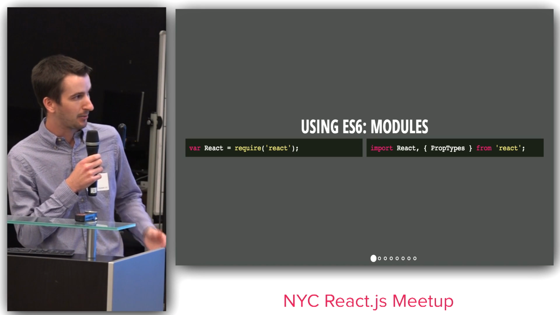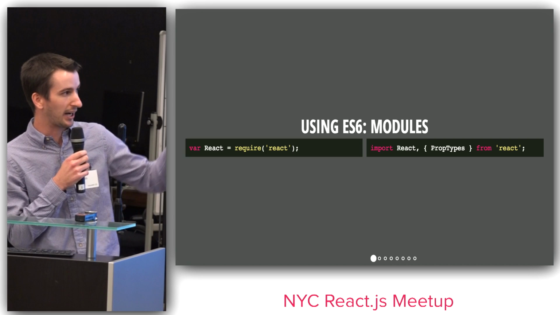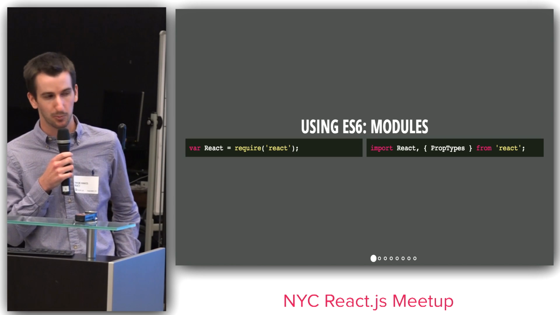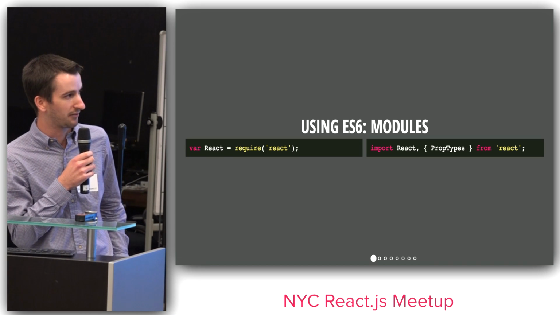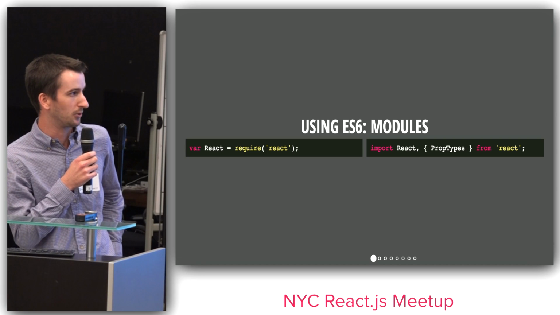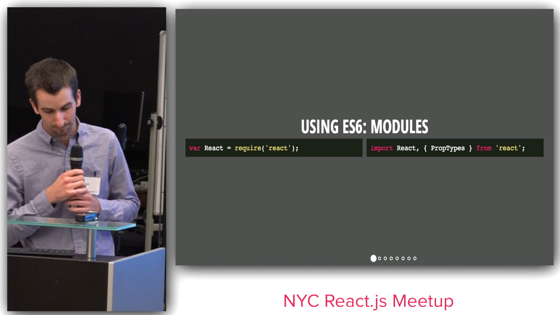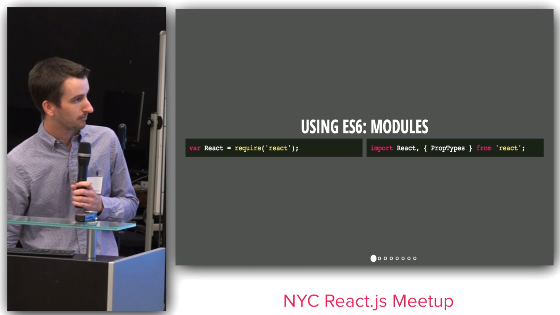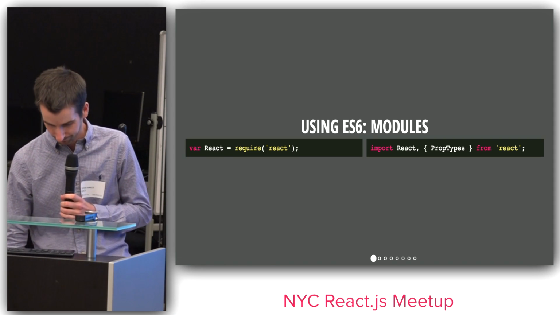You can see these little brackets with propTypes inside of them. I'm using one of the named exports from this module and pulling off the propTypes. It's similar to saying propTypes is equal to React.PropTypes, so I can use a little shorthand for accessing that code.